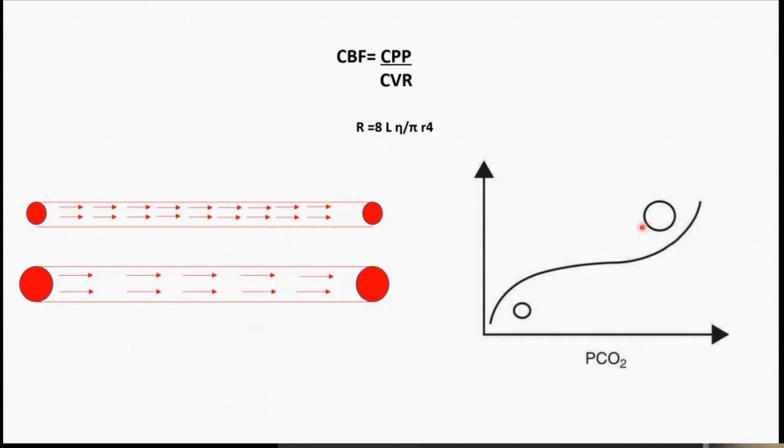And if there's an increase in the blood inside the skull, it means you are increasing the intracranial pressure. At the same time, you want to maintain the cerebral blood flow. And that's why we try to keep the PCO2 within normal limits, which is between 35 and 45.